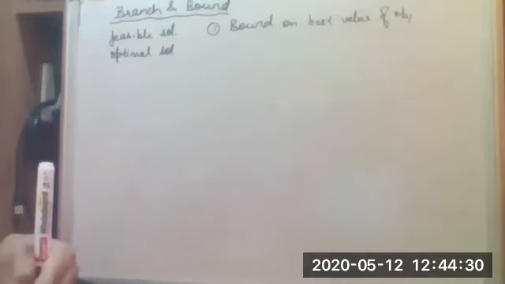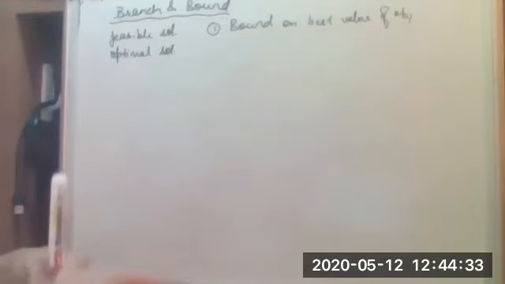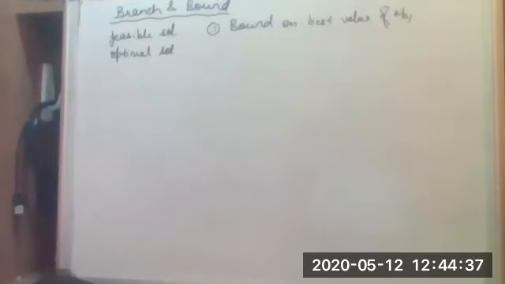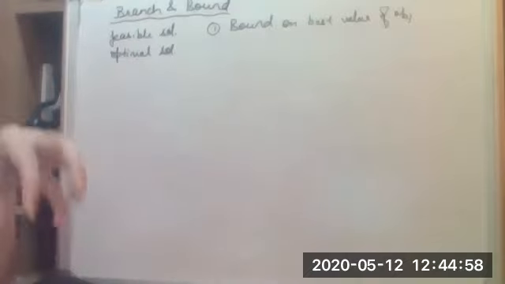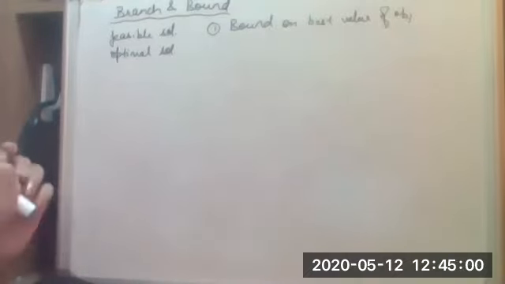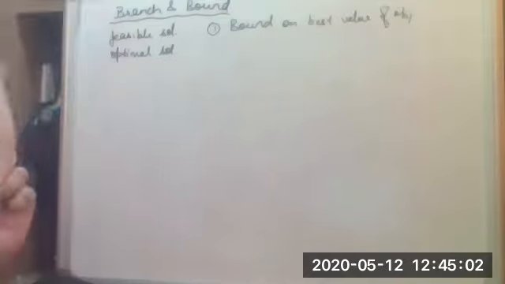Like for a knapsack problem, the objective is to have the maximum profit, and the constraint is that the sum of WiXi, the weight we are putting into the knapsack, should be lesser than or equal to the given capacity. So at every branch, we need to find a bound on the best value of that objective function that is obtained by adding further components to that particular node.